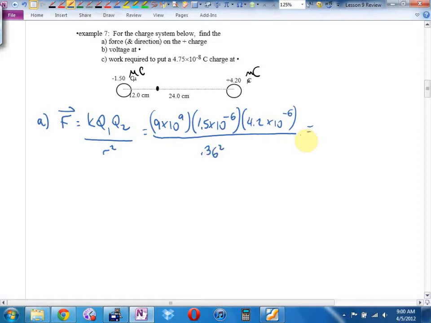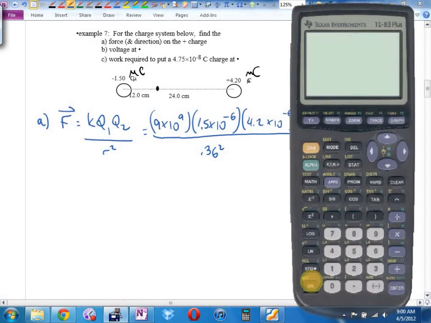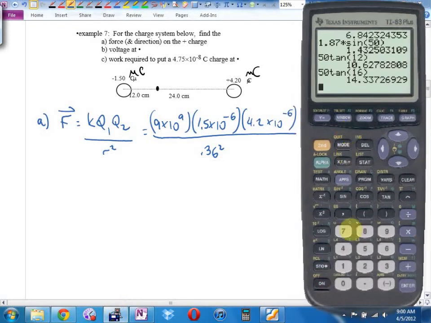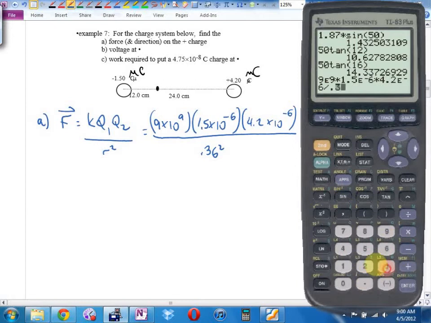Find the magnitude of the force, please. You get 0.4375?